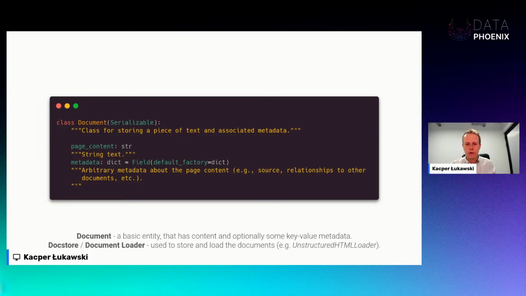And one of the examples of document loaders is unstructured HTML loader that takes an HTML document and splits it into chunks. Those chunks are then useful for some upstream tasks in the whole pipeline that you build.